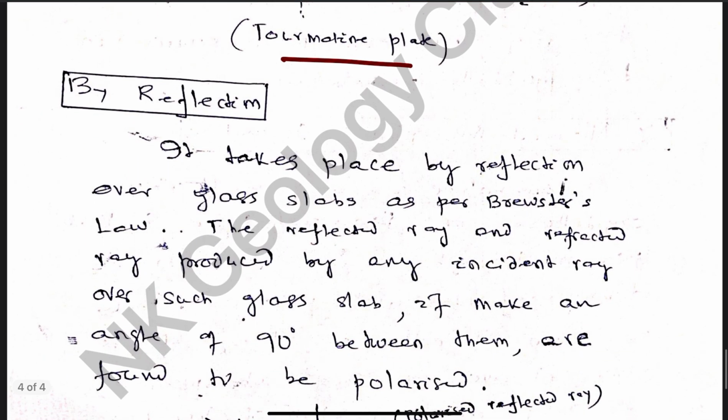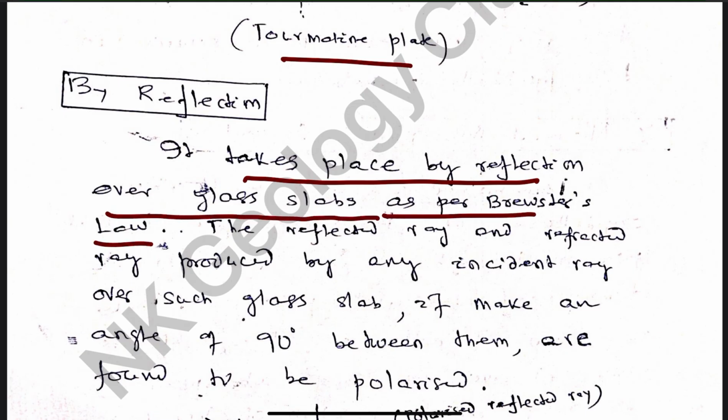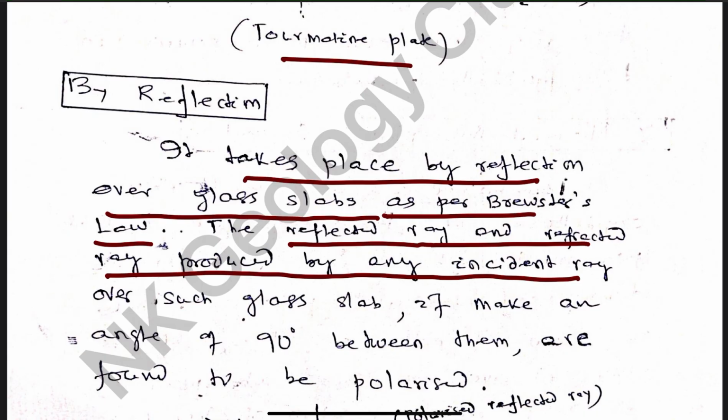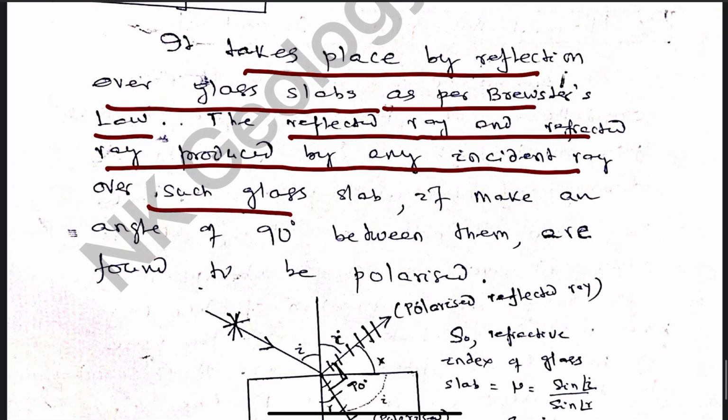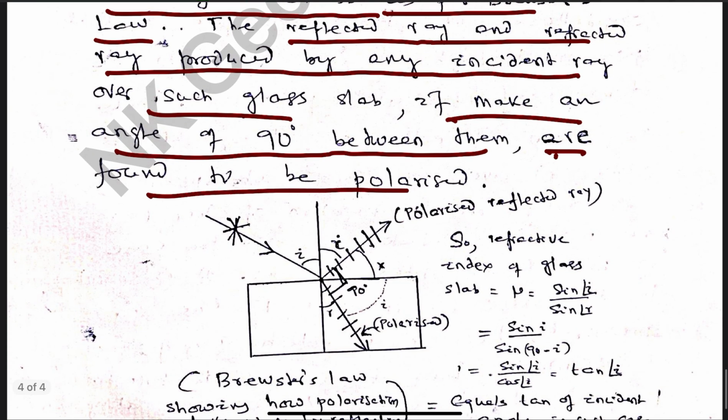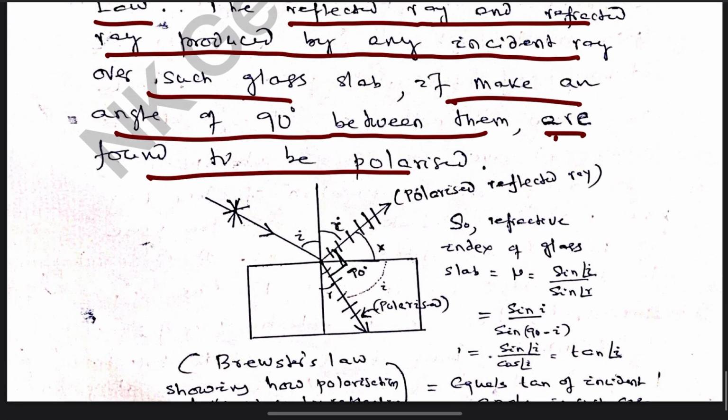Similarly, there is another method by which we can get polarized light, that is reflection. It takes place as per Brewster's law, by reflection over glass slabs. The reflected ray and the refracted ray produced by any incident ray over such a glass slab, if they make an angle of 90 degrees between them, in that case both are found to be polarized.